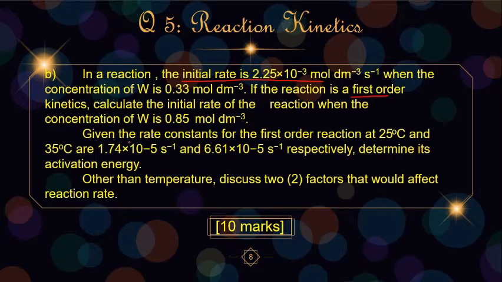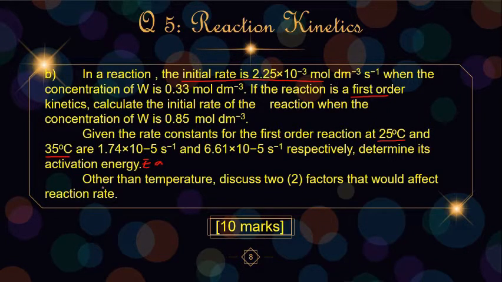Given the rate constants for the first order reaction at 25 degrees Celsius and 35 degrees Celsius are 1.74 times 10 to the power of negative 5 seconds minus 1 and 6.61 times 10 to the power of negative 5 seconds minus 1 respectively, determine its activation energy, EA.